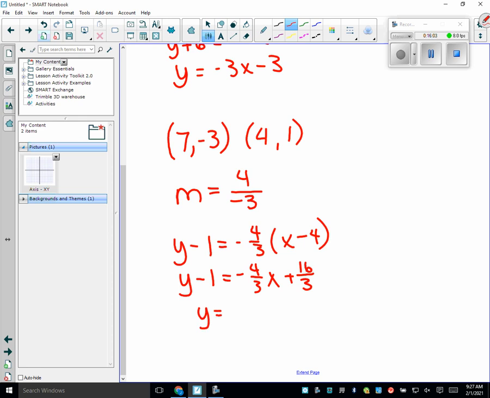Y equals negative 4/3 x. I don't know what that number is. 19/3. You can't add 1 to 16/3? I can do that. 1 and 16/3. Good. Real good.